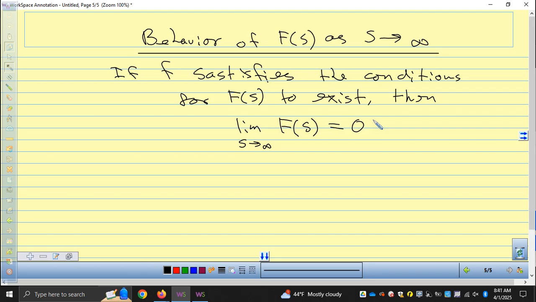And there are functions that are not of exponential order that also have Laplace transforms. If those conditions are not true, it does not necessarily mean we do not have a Laplace transform for a function.